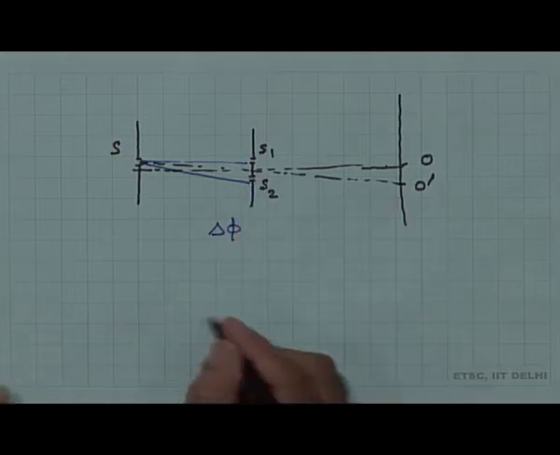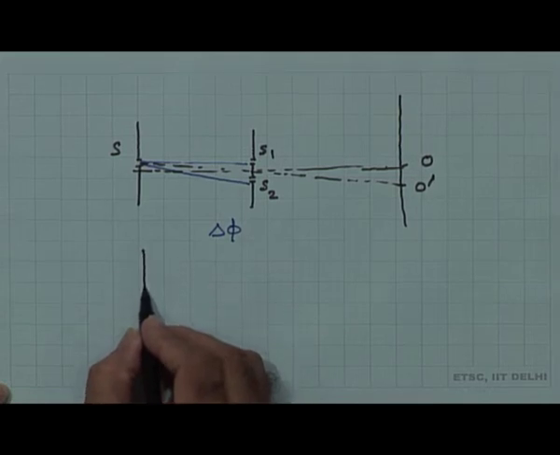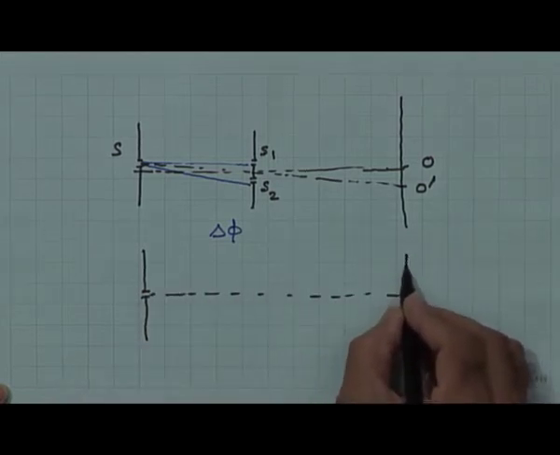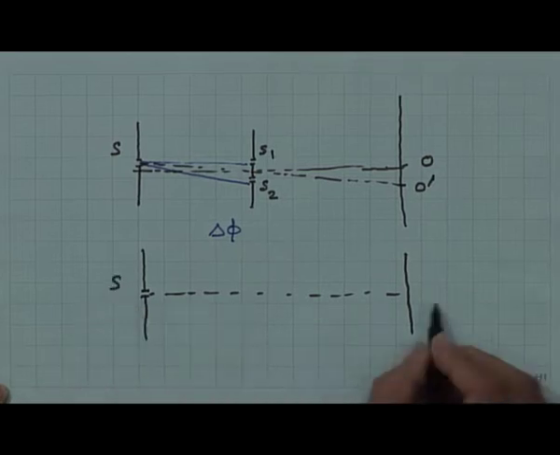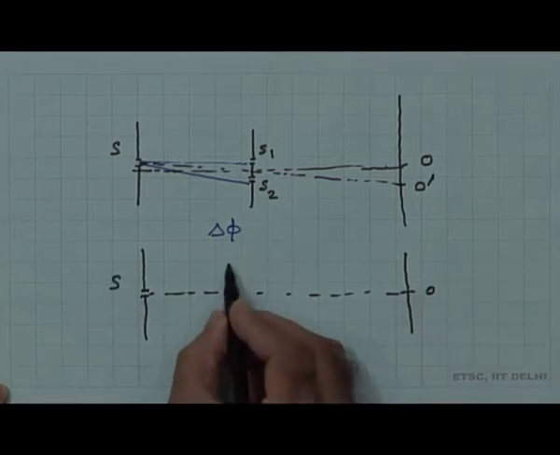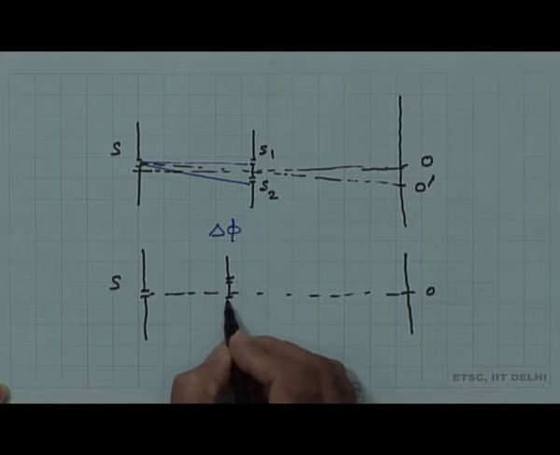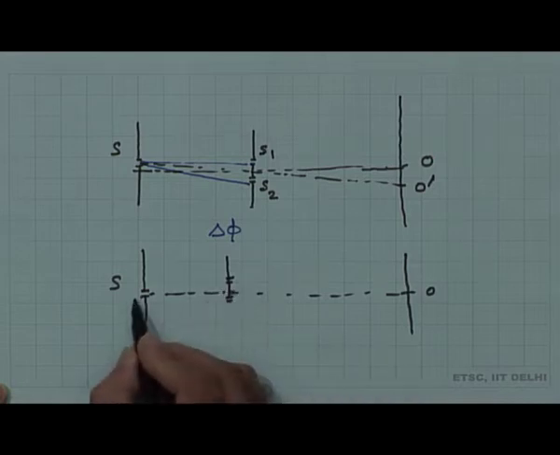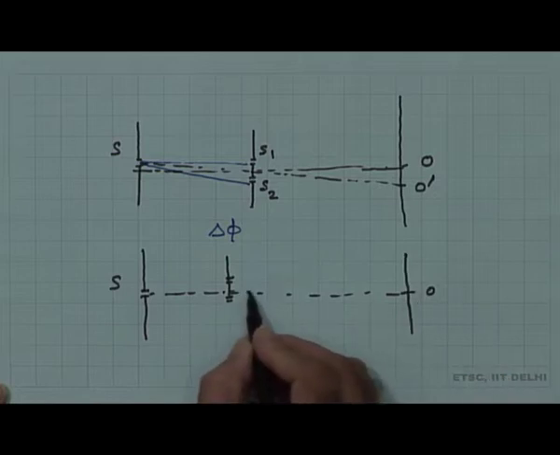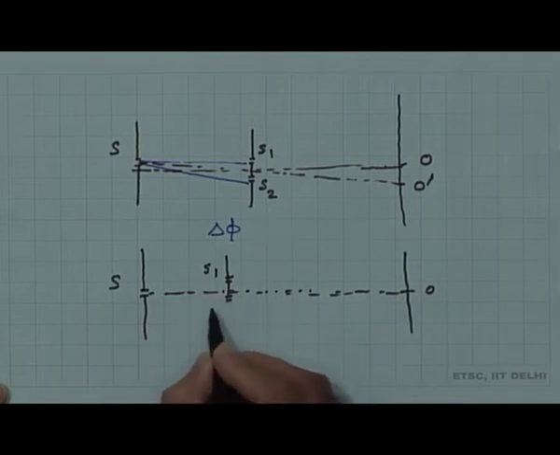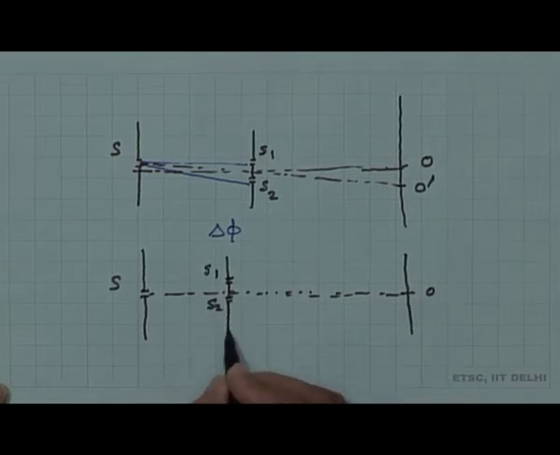The same thing would happen if we had the source S here on the axis, and the two slits are slightly offset, that is, one slit is here and the other slit is here. In other words, the line SO is not exactly along the perpendicular bisector, and S1 and S2 are not symmetrically placed.